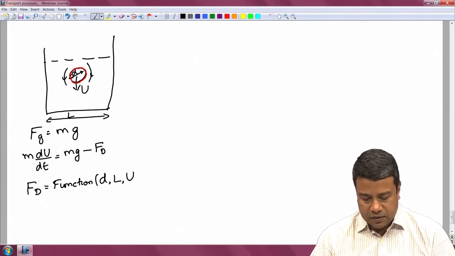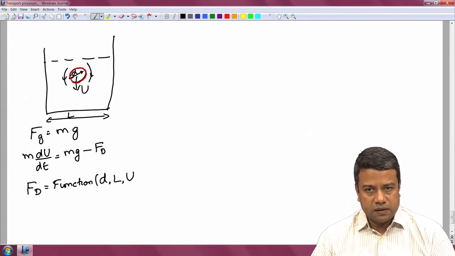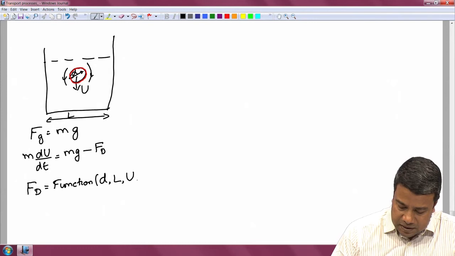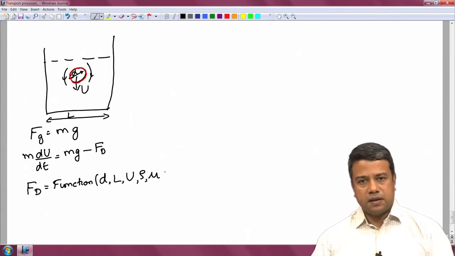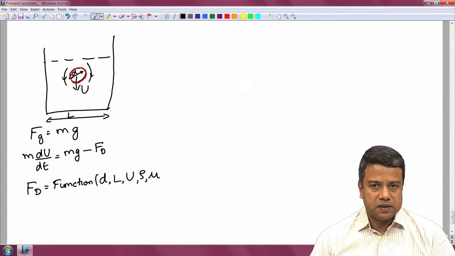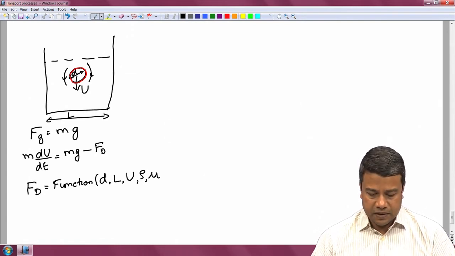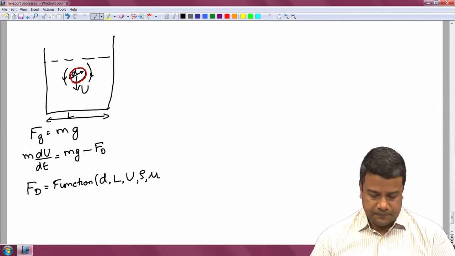So, it should depend upon the velocity, but it should also depend upon the fluid properties. What are the fluid properties? Mechanical properties of the fluid are two in number, that is, one is the density and the other is the viscosity. After all, it is the viscosity that causes the resistance to flow. The frictional force is due to the fluid viscosity. So, it could depend upon the density and the viscosity as well.